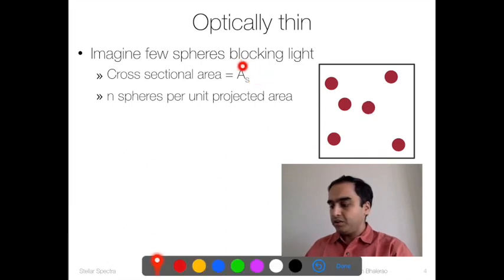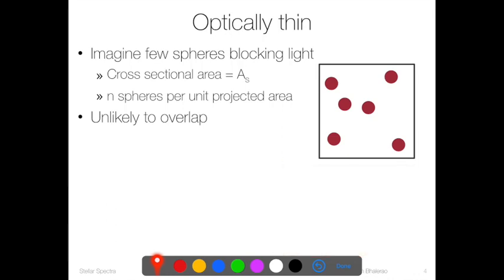So if the area of each sphere is A_S and I have n spheres per unit projected area, then these spheres won't overlap with each other, which means that each sphere is going to block about A_S of the light coming through. The total fraction of light blocked is n times A_S.